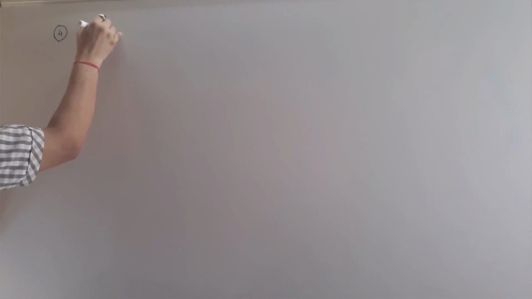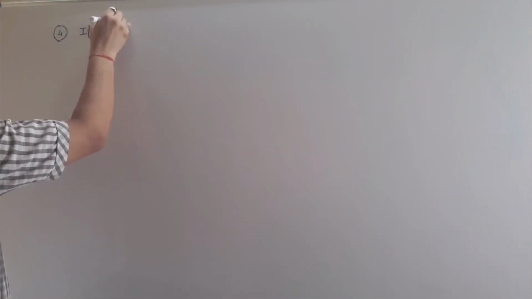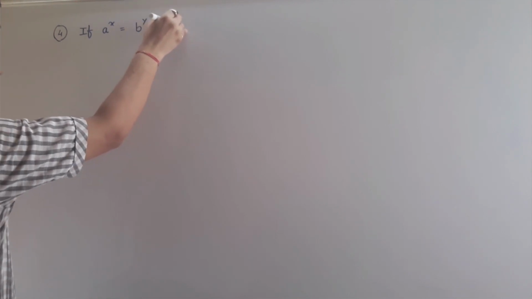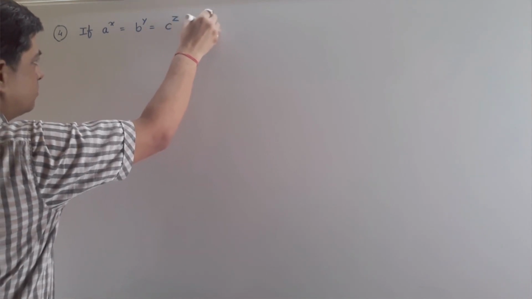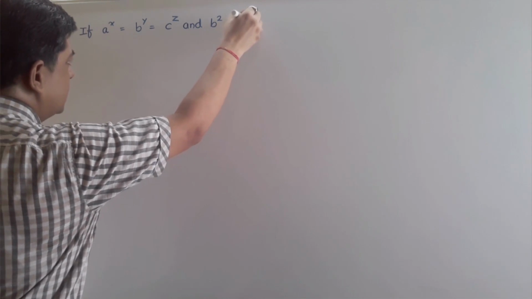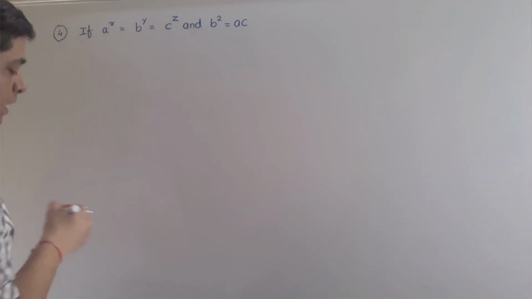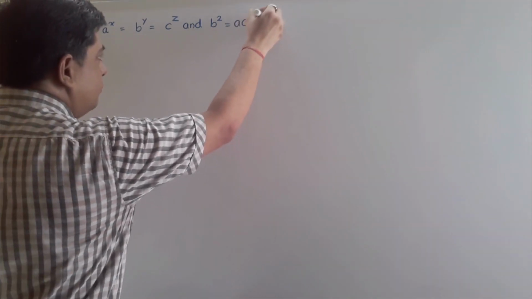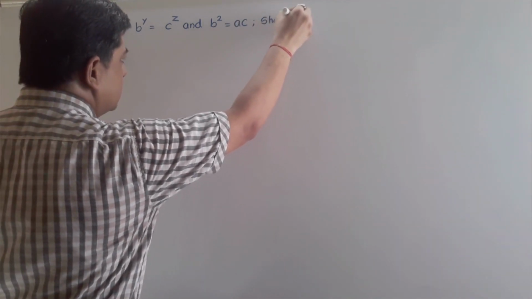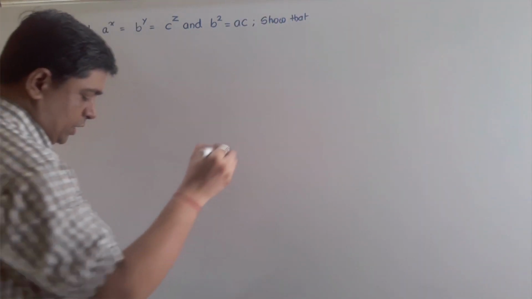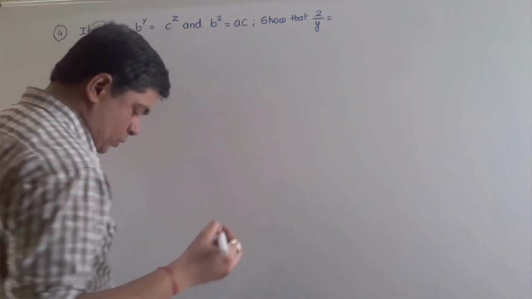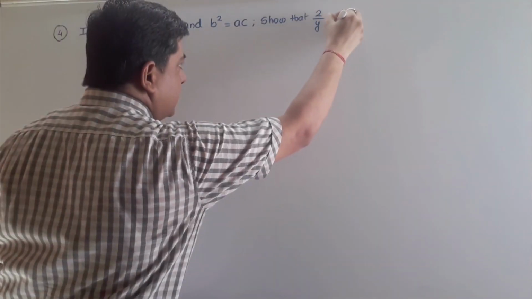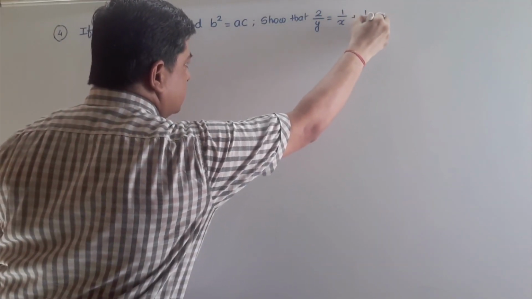They are saying: if a to the power x is equal to b to the power y is equal to c to the power z, and one more thing given in the question, b square is equal to ac, then we have to show that 2 upon y is equal to 1 upon x plus 1 upon z. This is the given equation.